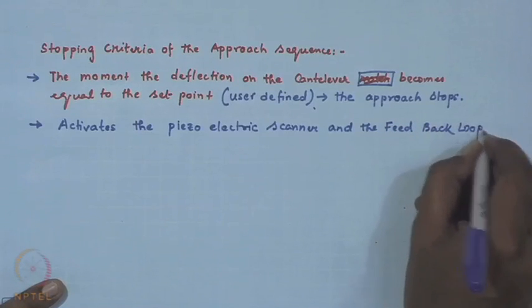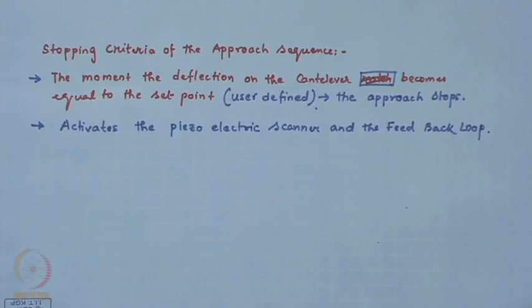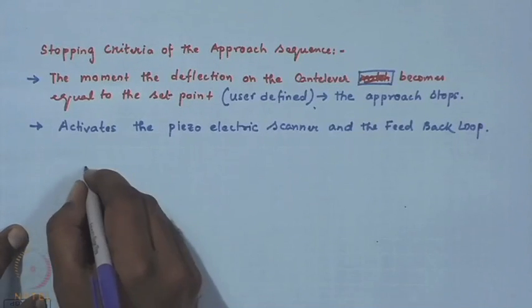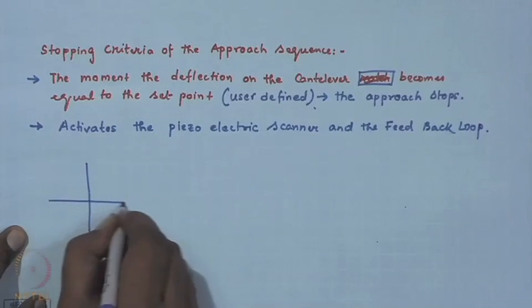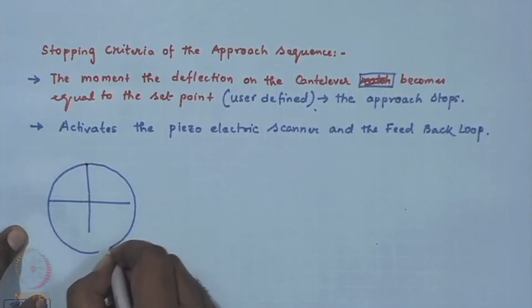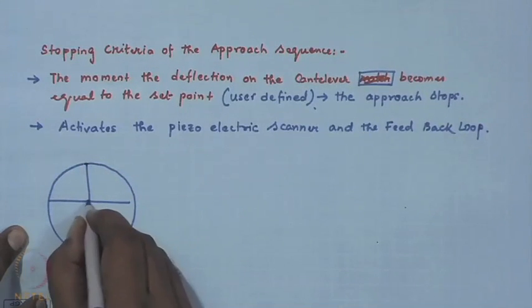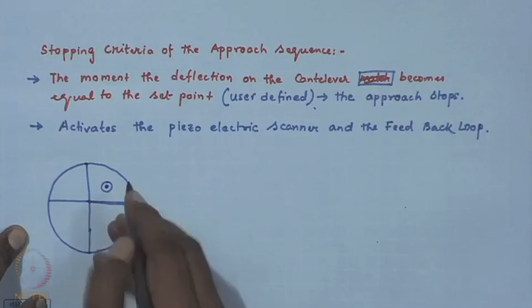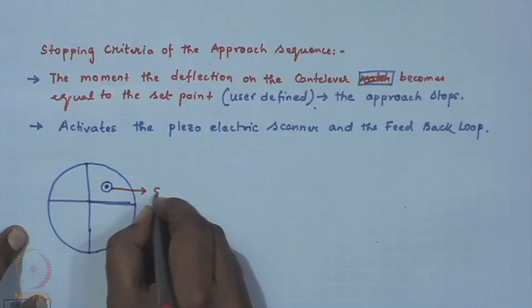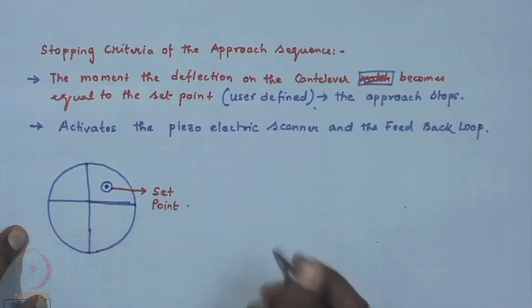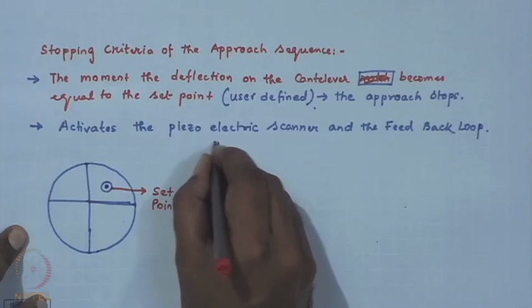So, the feedback loop essentially is a PI or PID controller depending on the situation, but important thing to remember is that the feedback loop will generate an error based on the set point. We will see it in the immediately preceding discussion.